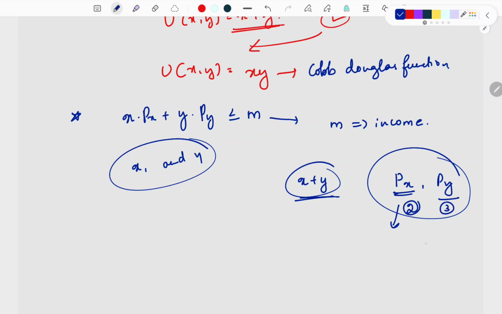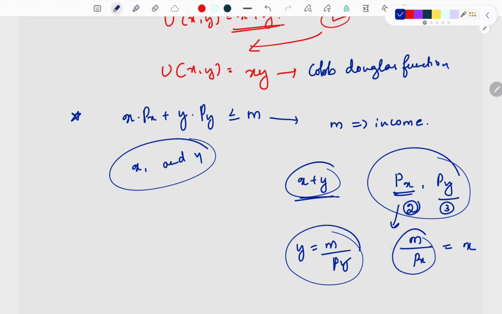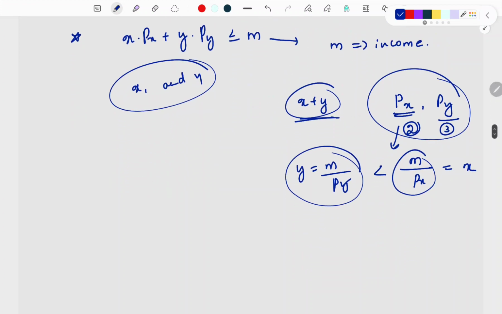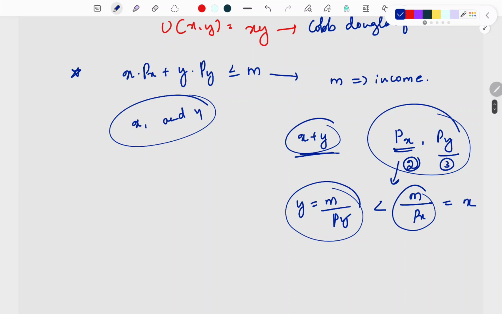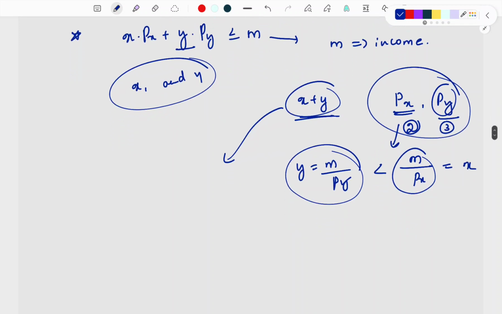There is m amount of income with you, and at price 2 you will get more x's than y's compared to m divided by py. This one will obviously be more, so you will only consume x, and at that time the price of y and the quantity of y you consume doesn't matter, because you don't want to consume y. That's one case.